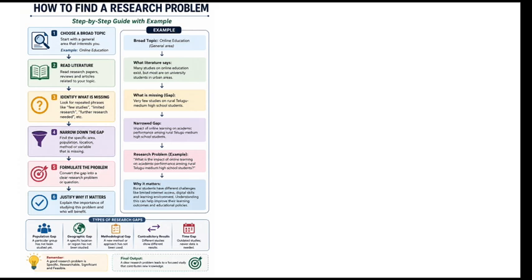The second thing, after finding a broad area, is that in that particular broad area we have to find a problem. That is the next step: moving from general to specific. Finding a problem in that particular broad area is the next-level task to be completed.